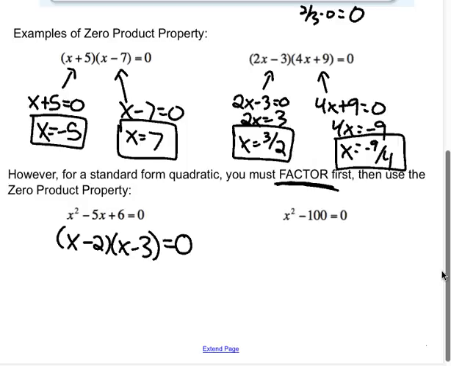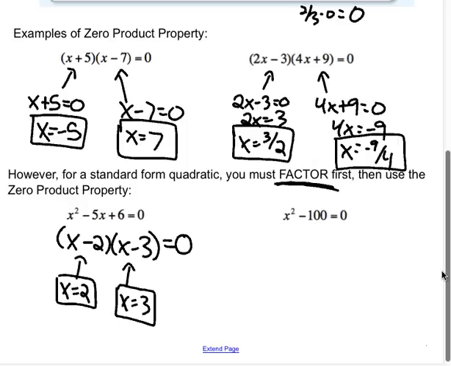And that's telling me my two solutions. Here, x would have to be 2 for that to be 0, and for that to be 0, x would have to be 3. So here I get my two solutions by using this factoring so I can apply the zero product property.